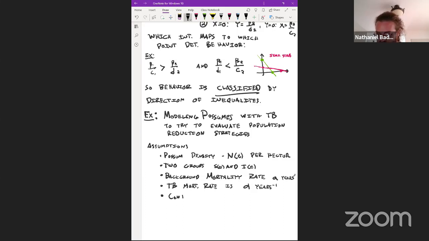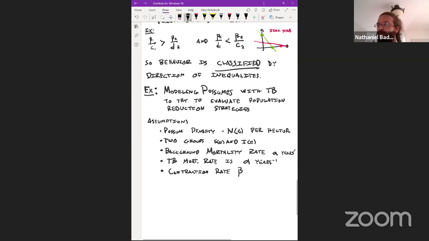And the contraction rate is beta, which is in inverse possum years. Which is a great unit.